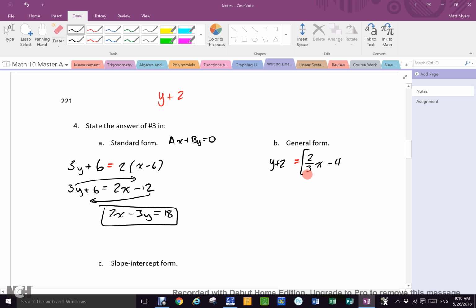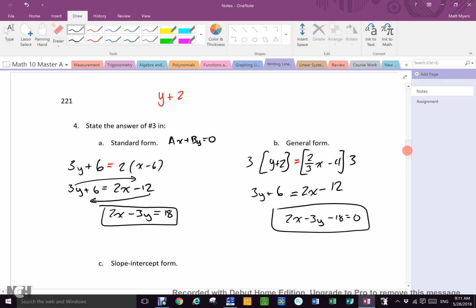Multiply by 3 to get 2x minus 12, and multiply this side by 3 to get 3y plus 6. 2x minus 3y minus 18 equals 0. And there is general form.